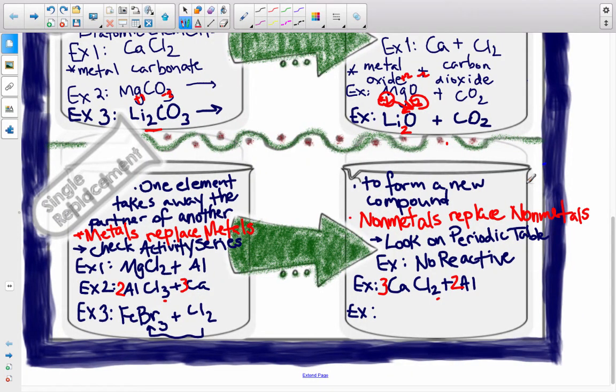So here we are back to our example. Now iron is going to be partnered with chlorine, and bromine is going to be left out all alone. Before we start balancing, let's check our charges and make sure that our formulas are correct. On this side of the equation, iron carried a +3 charge.